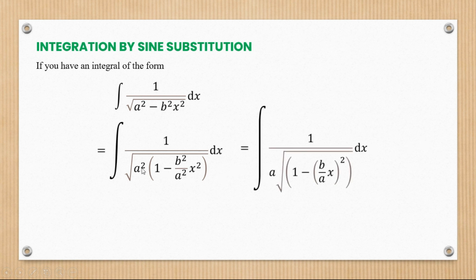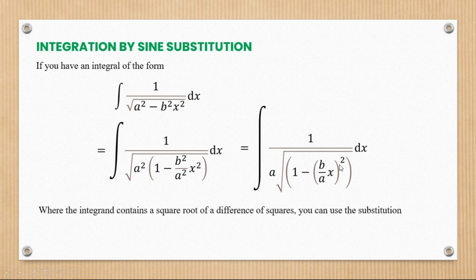After that we extract this a squared value from the square root, and then we have an a, because that 2 cancels with the square root. Then we have a times the square root of 1 minus b over a x, bracket squared. In this case, where the integrand contains a square root of a difference of squares, where the difference is the square of the constant subtracting the square of the variable, we use sine substitution.